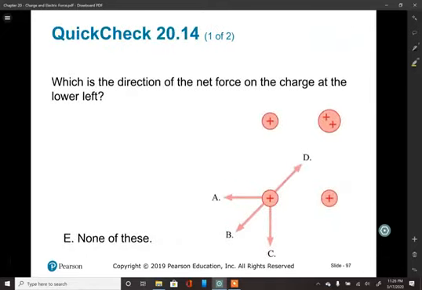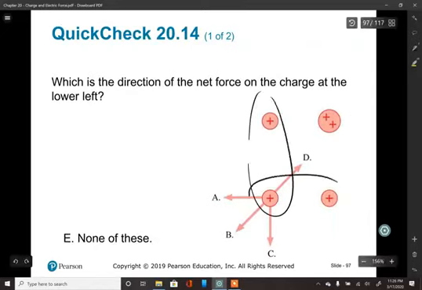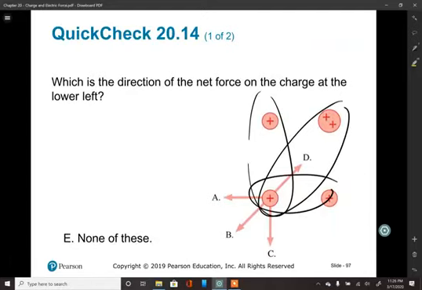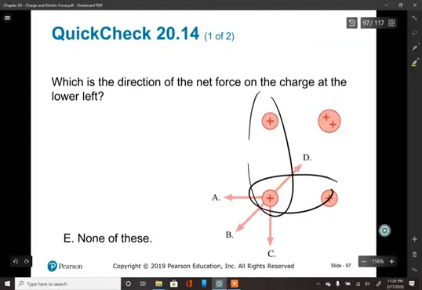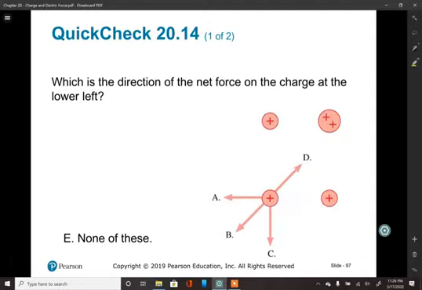Okay, so a bit more vector math. There are 3 interactions, and each interaction has its own electric force. So we can draw the 3 individual forces. From the top charge, there's this force. From the side charge, there's this force.